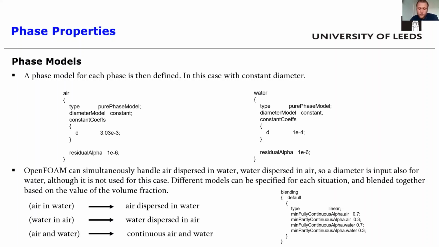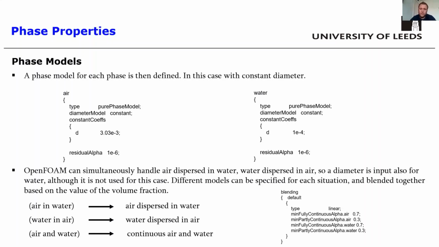Why is that? Because for each case, OpenFOAM is able to handle the entire range of volume fraction concentration. So we can go from air dispersed in water to, at much higher gas volume fraction, water dispersed in air. So if that happens, the value of the diameter considered is that imposed for water.